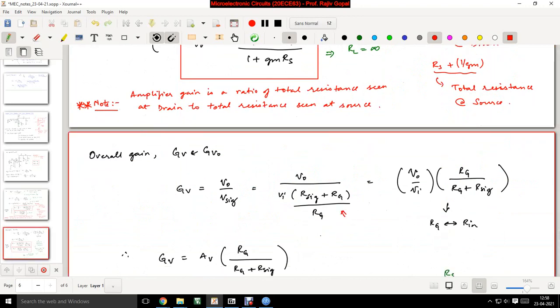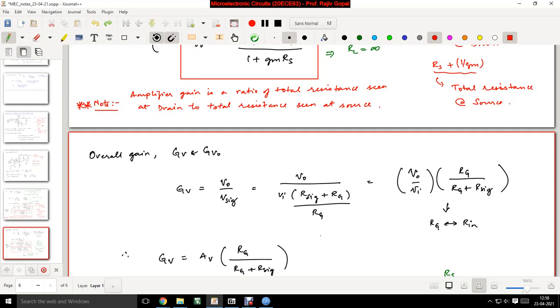Any queries till here? If you have no queries, then we'll stop. In the next class we'll look at the common gate amplifier. It's also called a current follower.